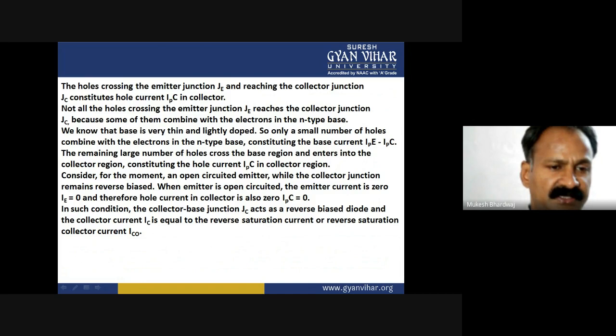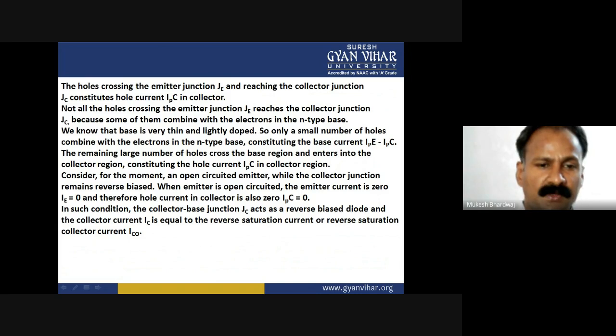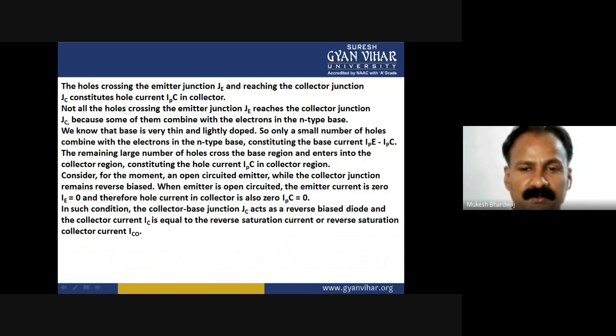In such a condition, the collector base junction acts as a reverse biased diode, and the collector current IC is equal to the reverse saturation collector current ICO. So I hope that the components of the currents through the bipolar junction transistor are very clear to all of you.